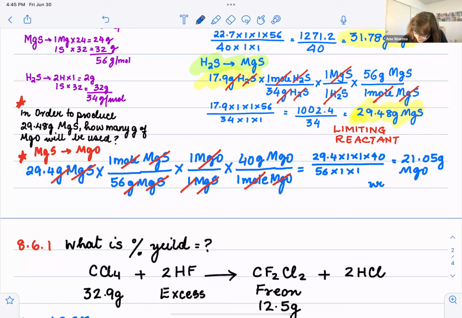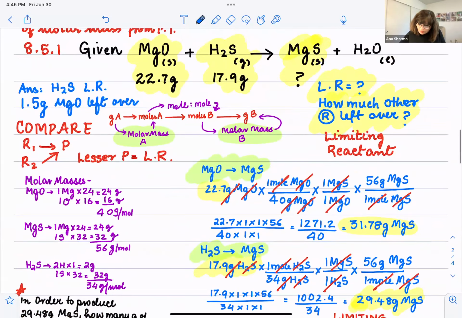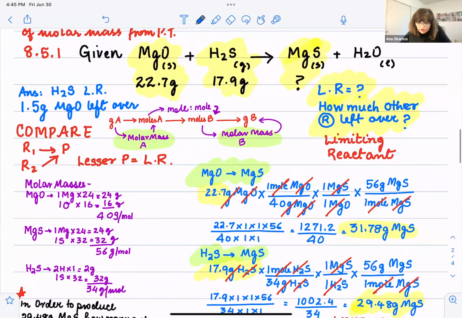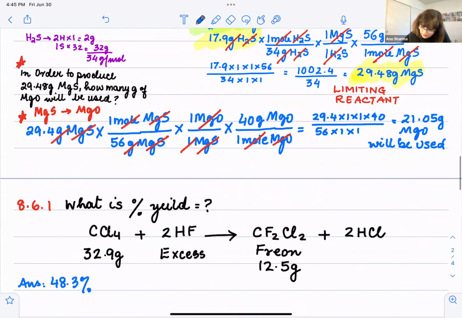But how much is left then? The total given was 22.7 grams of magnesium oxide. Let me make this small.